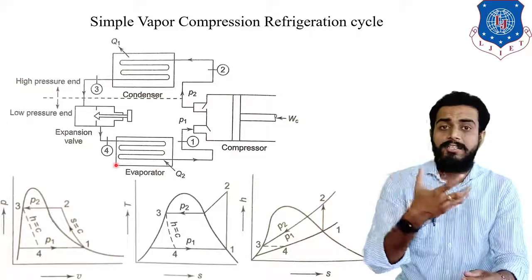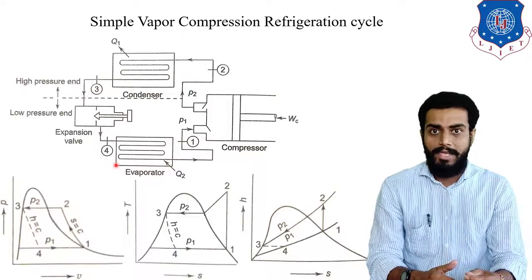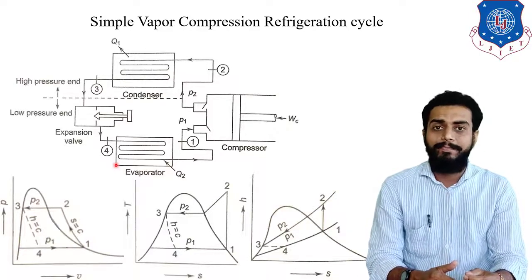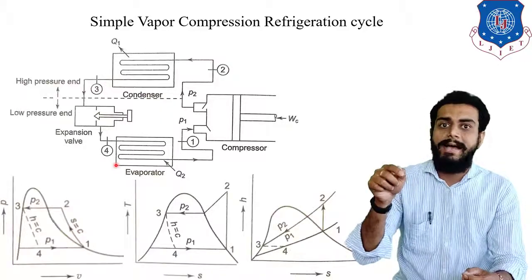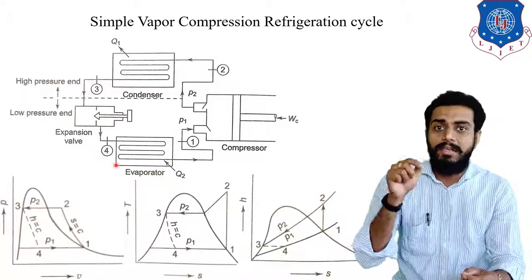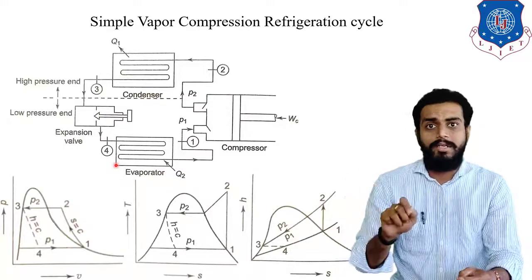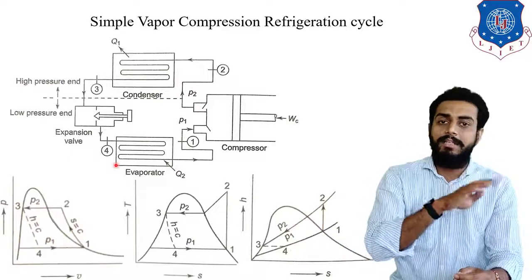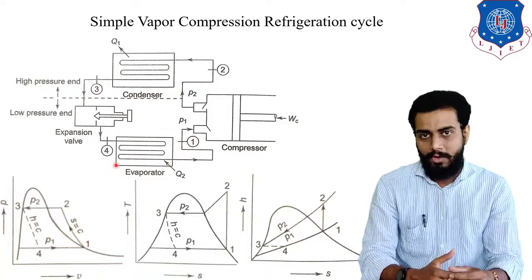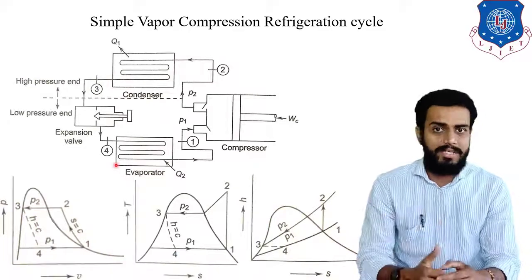The heat in the refrigerator section will be absorbed by the refrigerant. That is why the pressure at the outlet of the expansion device is reduced in such a way that the corresponding saturation temperature is less than the temperature of the atmosphere. Clear, students? It is a very important and crucial phenomenon to understand.